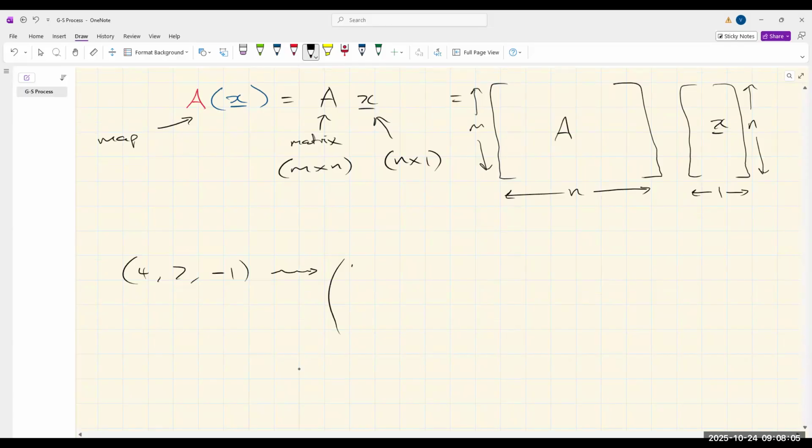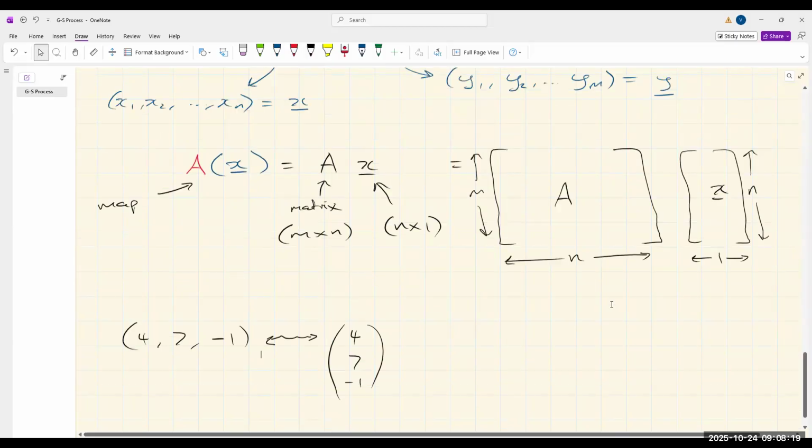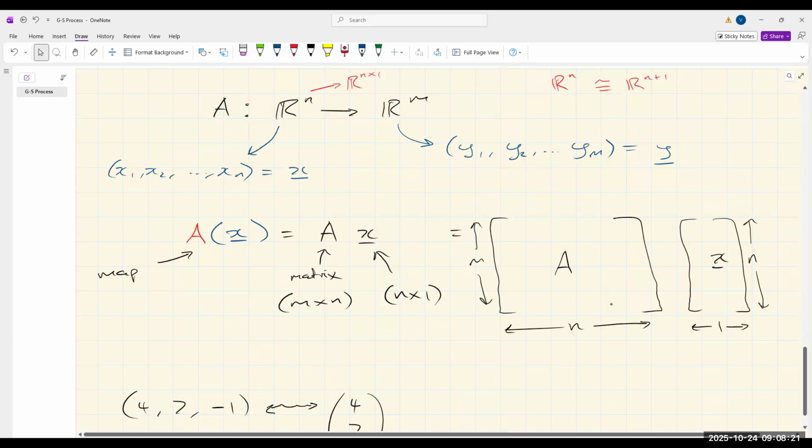That's pretty much the same as if I write it 4, 7, minus 1 as a column, right? I am not really changing anything. I'm just choosing to write it a different way. That's the whole idea of isomorphism. It's pretty much the same thing. You're just writing it a different way. Okay. So technically it should be R^n by 1, but because these are isomorphic spaces, we can identify these two as being the same space.